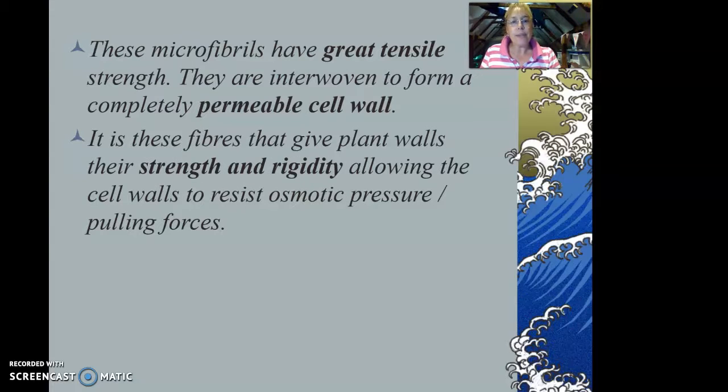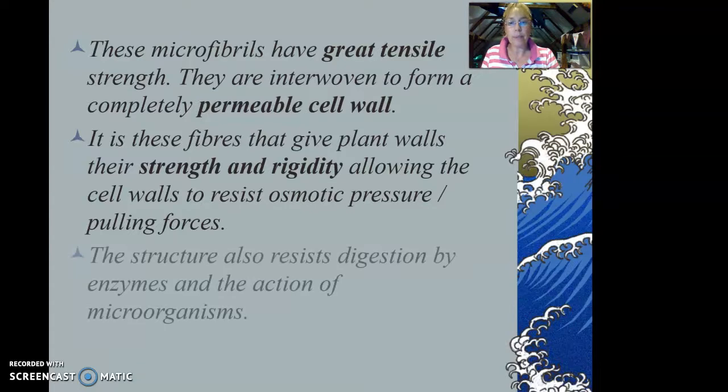It's these fibers that give the plant walls their strength and rigidity, and that allows it to resist osmotic pressure or pulling forces. If you can imagine, a tree has water moving along those cells, often against gravity, and therefore it does need a lot of strength. You learned about that way back in year 7, but now you know why.